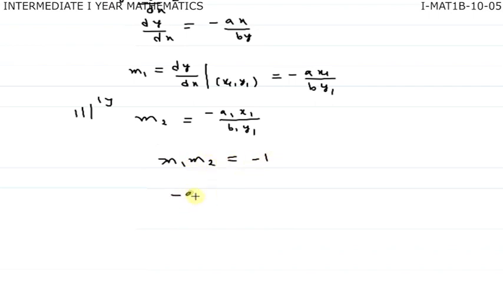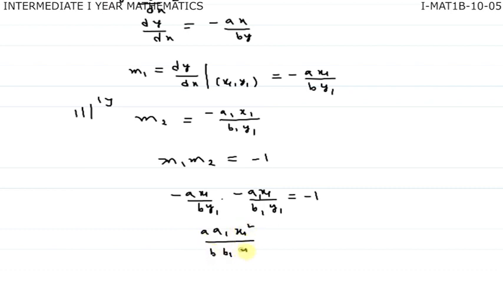So minus a x1 divided by b y1 into minus a1 x1 divided by b1 y1 is equal to minus 1. So here I get a a1 x1 square divided by b b1 y1 square is equal to minus 1.